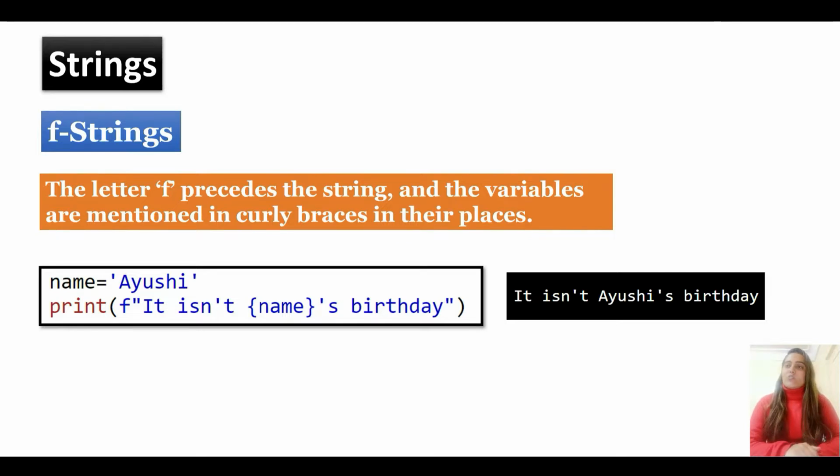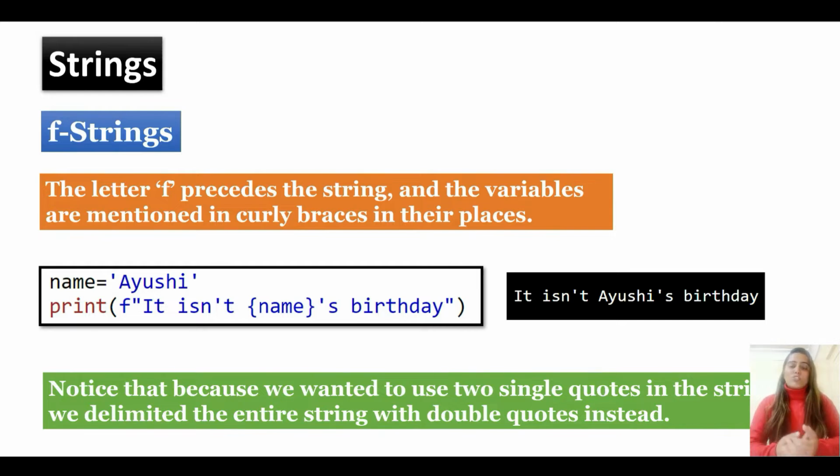Another method is using f strings. So the letter f precedes the string and the variables are mentioned in curly braces in their places. So for example, name equals Ayushi. While printing, I'll be using the f character, then starting my string, which is "It isn't Ayushi's birthday". Instead of Ayushi, I have to use the name variable, so I'll place the name in curly braces and then print it.